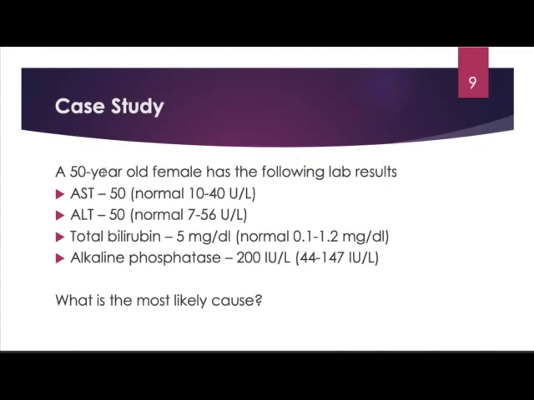Okay, come on. A 50-year-old female has the following lab results. ال AST و ALT طبيعي، ممكن ال AST مرتفع شوي و ALT مش مرتفع بس قريب من الحدود. And so the total bilirubin هو 5، هو مرتفع كتير. The alk phosphatase هو مرتفع شوي.